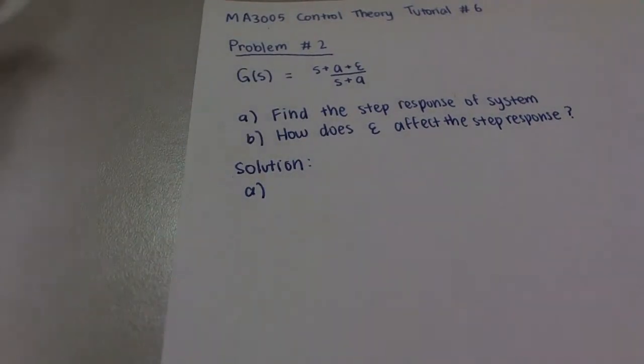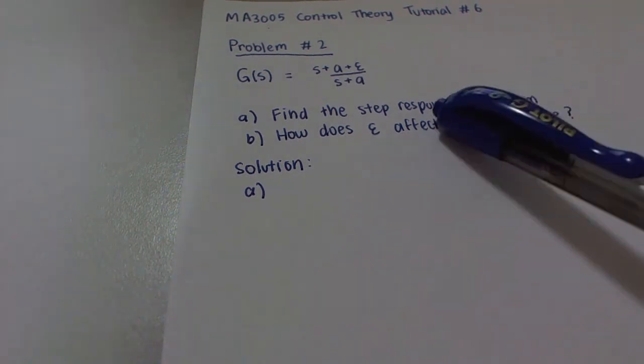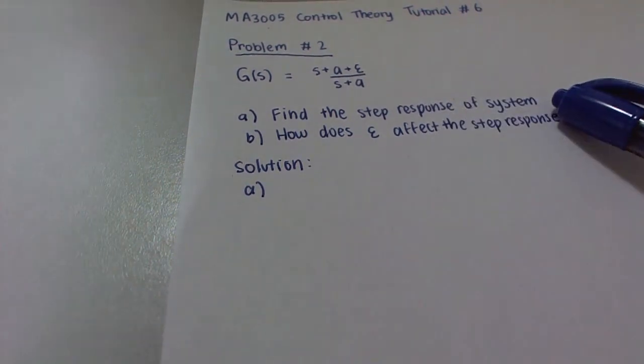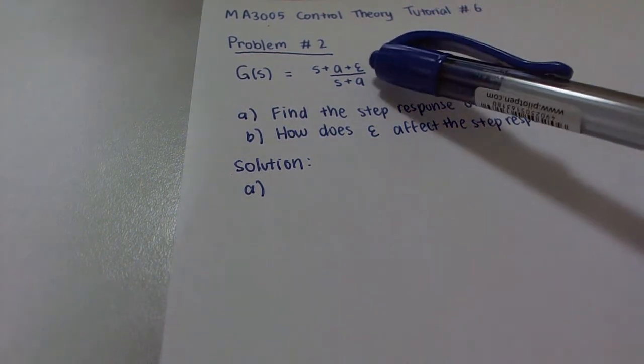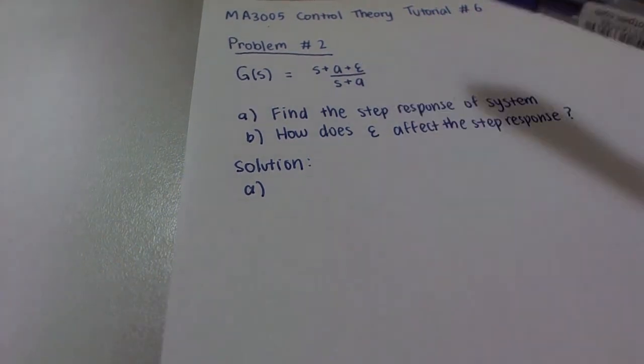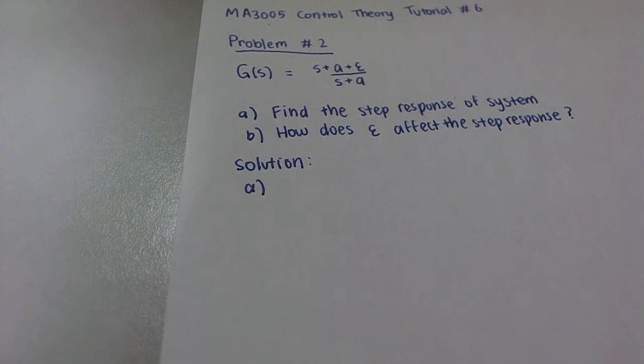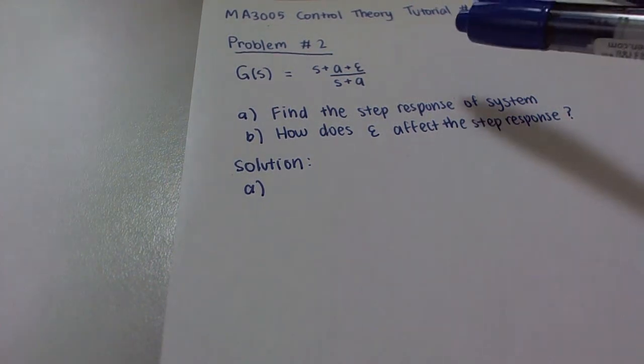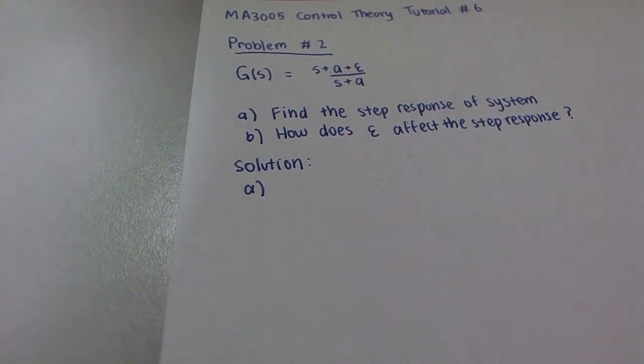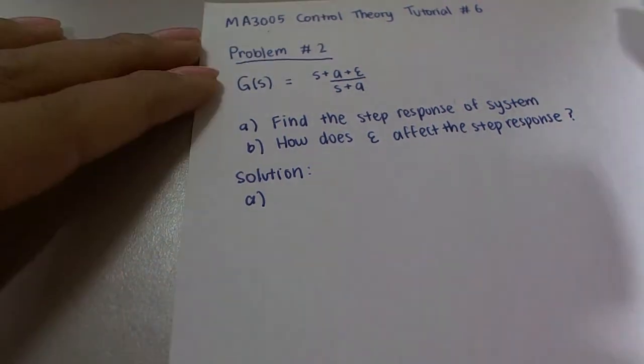And it is very important to note that in this problem, we have to find the step response of the system, which is the step response of G(s) given an input 1 over s. And this is different from the step response of a unity feedback system, in which we have to find the closed loop transfer function and then give an input 1 over s to the closed loop transfer function.